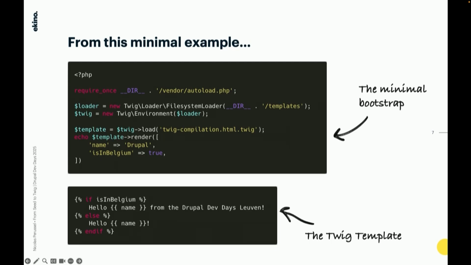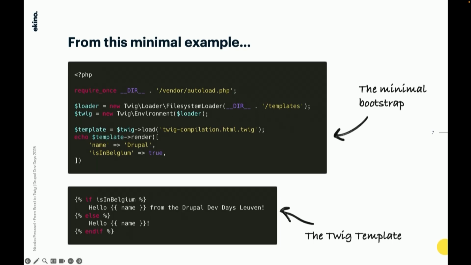Here is a very simple example, okay? It's a minimal code to bootstrap Twig. It's not so complicated. We need a loader to load some files. We need an environment, the Twig environment, very important, to bootstrap Twig. After, we need to load some template, and we need to render it.